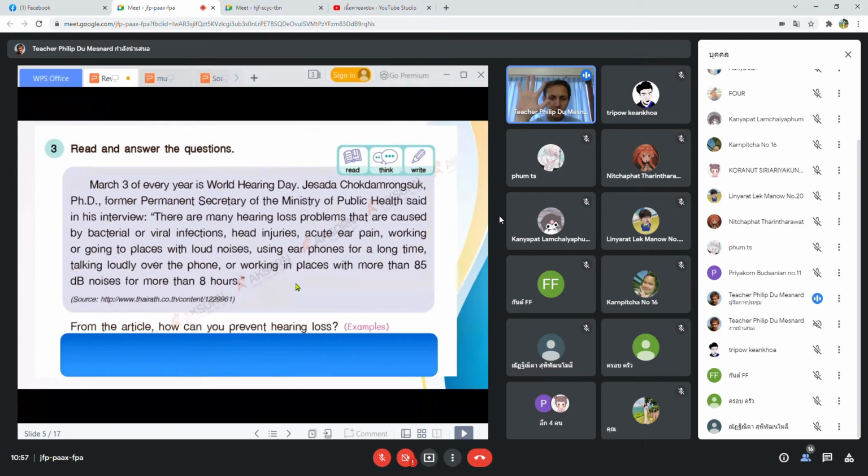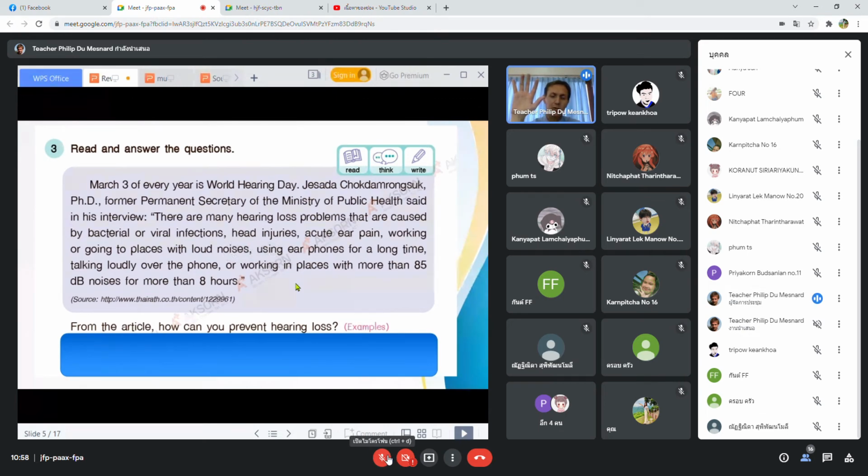When you go into the car accident and you bump your head, you can have a hearing problem. Okay. Then ear pain. Then also, if you go to some place that are noisy, like the construction place, like the airport, like the road, noisy places, it's very bad for your hearing.